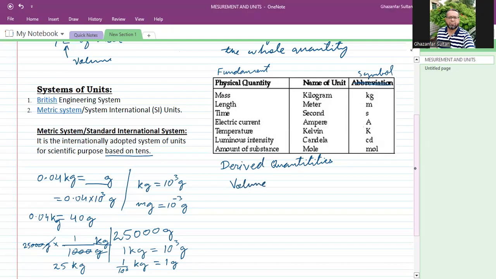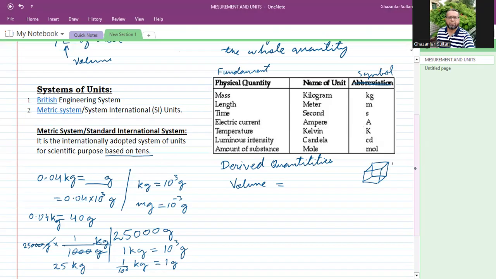Volume is a derived quantity because if you talk about the volume of a cube, it has three lengths to be multiplied. I tried to make a cube. You can consider it.